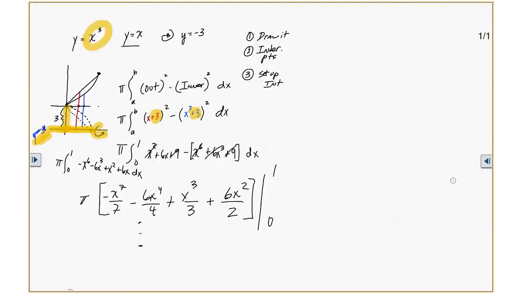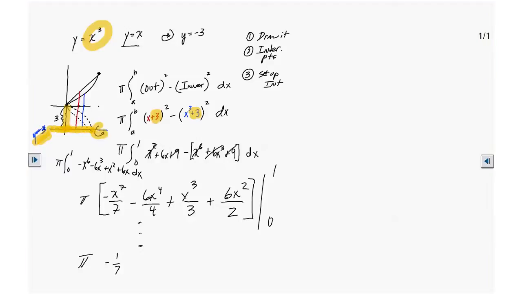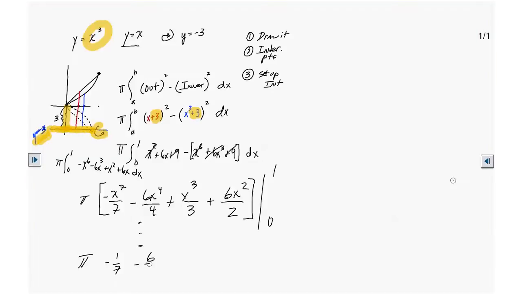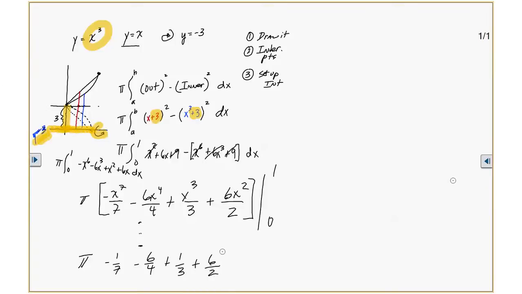So pi, what is that, negative 1/7 minus 6 over 4 plus 1/3 plus 6 over 2. And then you can simplify. You can simplify before or after. I don't care when you simplify, but you're going to have to get the common denominator. Okay? All right, now that's when the rotation is below, but what if it's above?